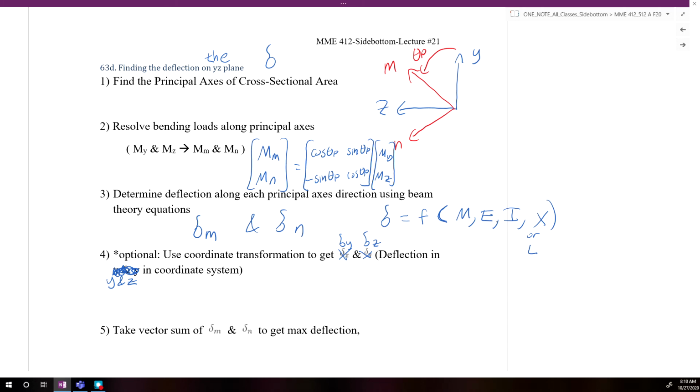Once you have delta m and delta n, you can use the transformation equation again to solve for the deflection along the y and z axes. You can just write it as being equal to this equation here.